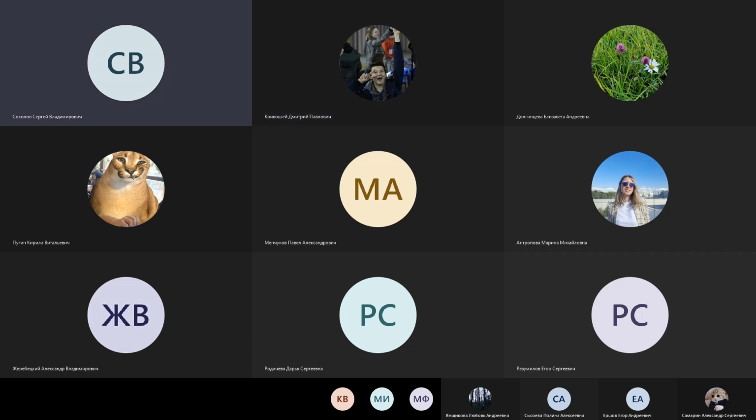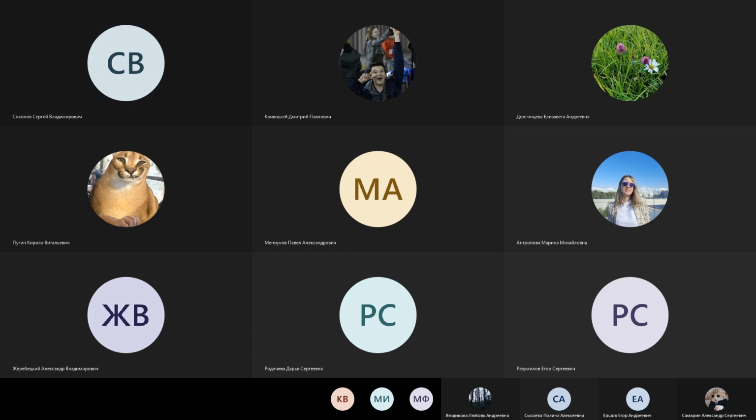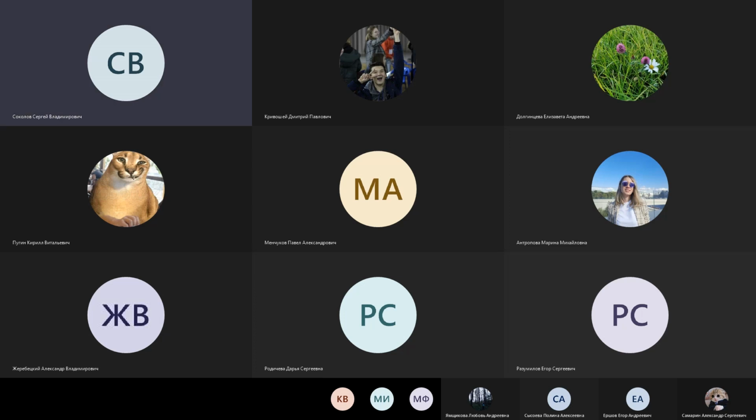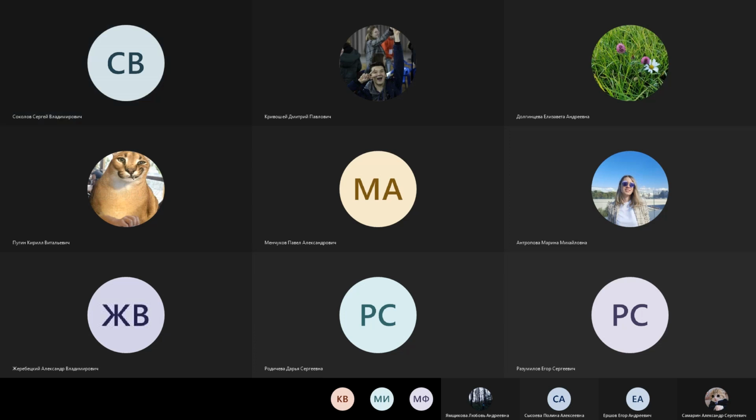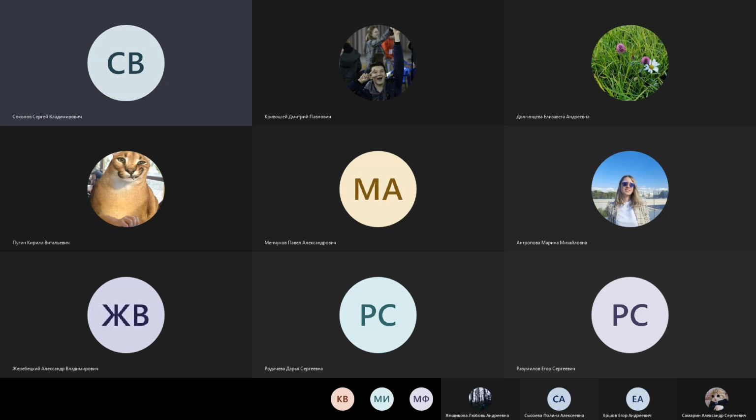Okay, so I think you can start with the Google document with your topics, with the timetable when you are ready. I think you better do a timetable for all groups that will make the presentations.